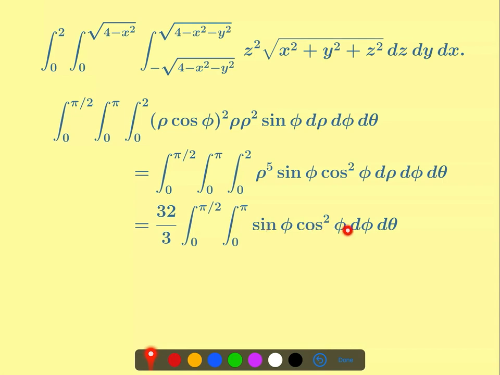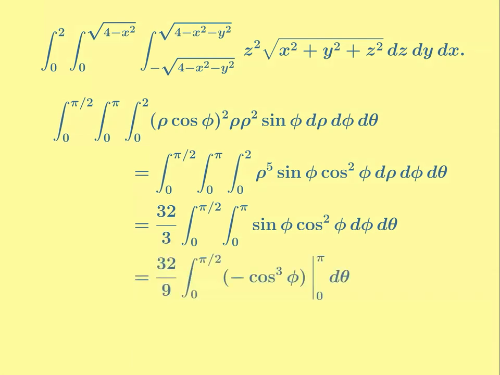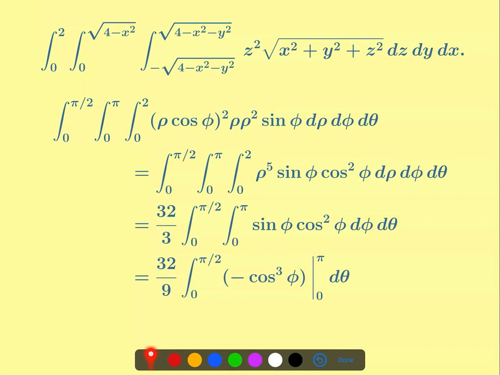So this is minus u squared du if I do that substitution. Minus u squared du will be minus u cubed over 3, so minus cosine cubed of phi over 3. We can put the 3 here, so that'll make that a 9. And so I have 32 over 9 now, because I took that over 3 we were having and put it there. And we have the minus u cubed here, so minus cosine cubed phi.